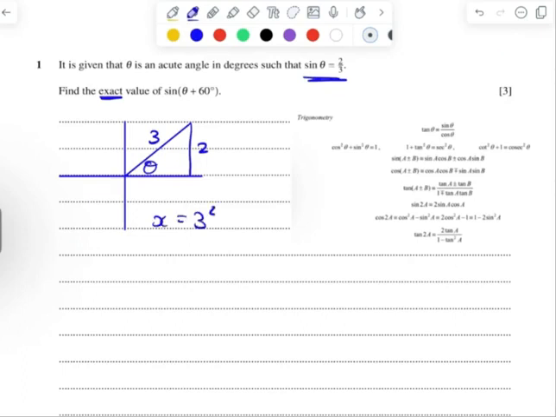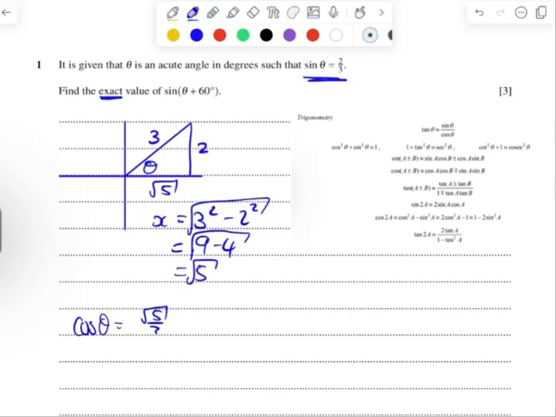That's going to be the square root of 3 squared minus 2 squared. Okay, so this is going to be root 5. So if we needed another ratio, for example cos, which we're probably going to use, we can see here that cos theta is root 5/3.